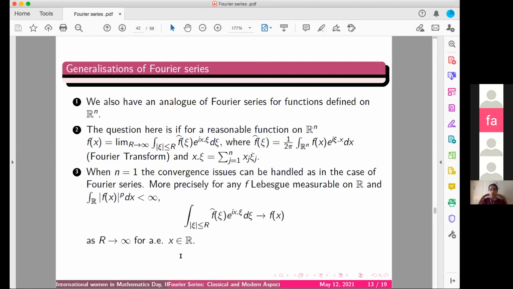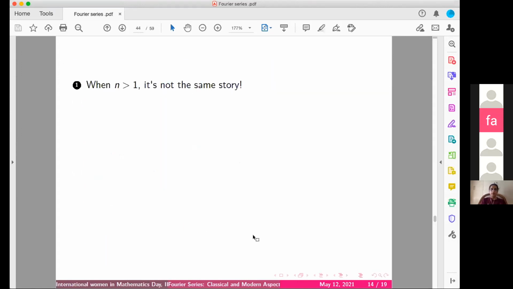Its information except on a set of measure 0 is enough for us to integrate. So this sort of convergence is the best we can hope for. Okay. And so when n is strictly bigger than 1, it is not the same story.